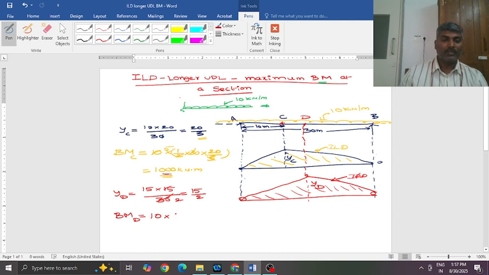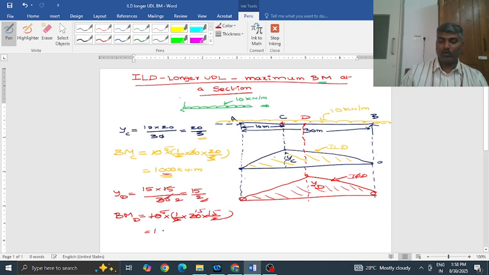Half base times height we just found, 15 by 2. Simplifying this, 5 goes here, 15.